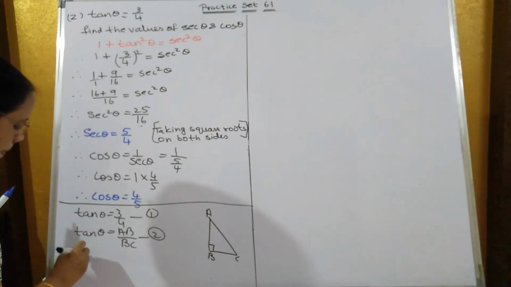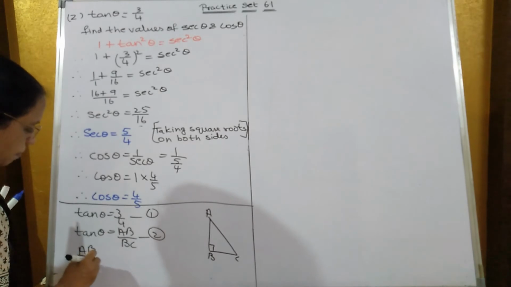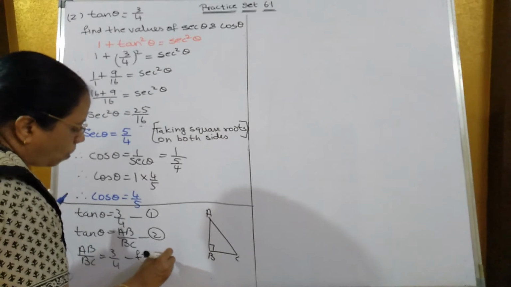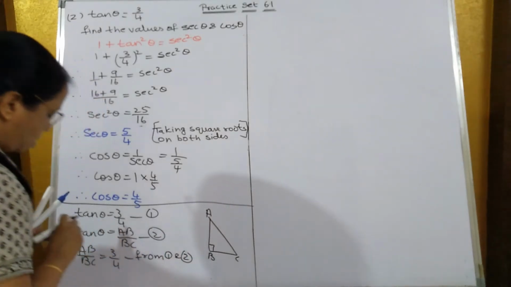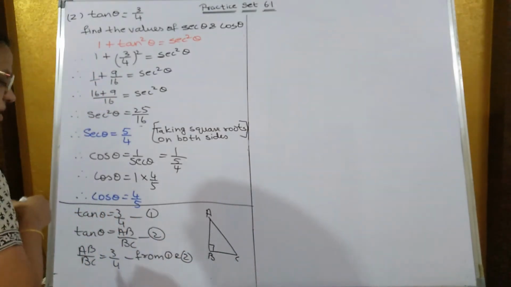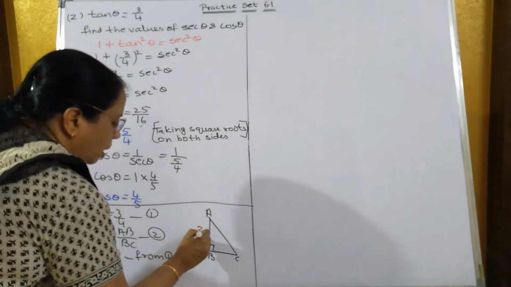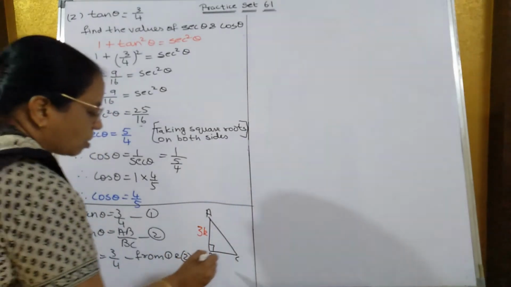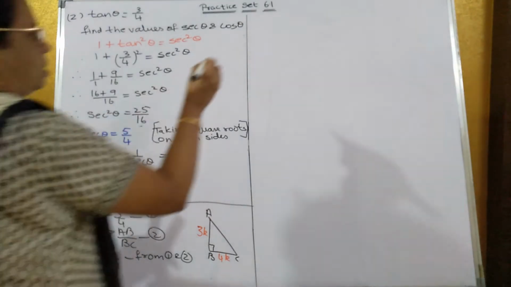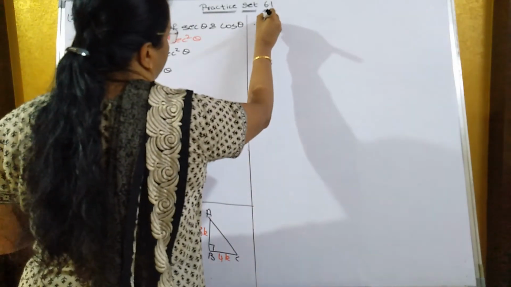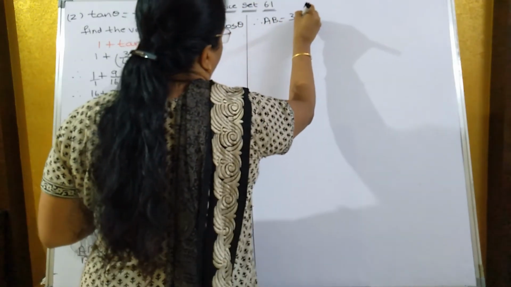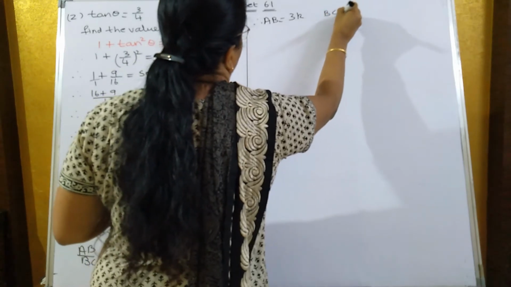AB upon BC is equal to 3 upon 4. So AB is equal to 3K and BC is equal to 4K.